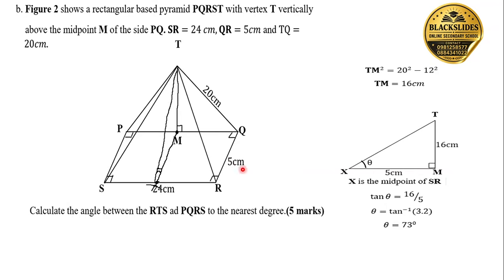Tangent is opposite over adjacent, so it will be 16 over 5. When you divide 16 by 5, you get 3.2. Take the inverse of tangent of this value; on your calculator press second function or shift, tan, 16 over 5. It will give you 73 degrees. So this angle here must be 73 degrees.